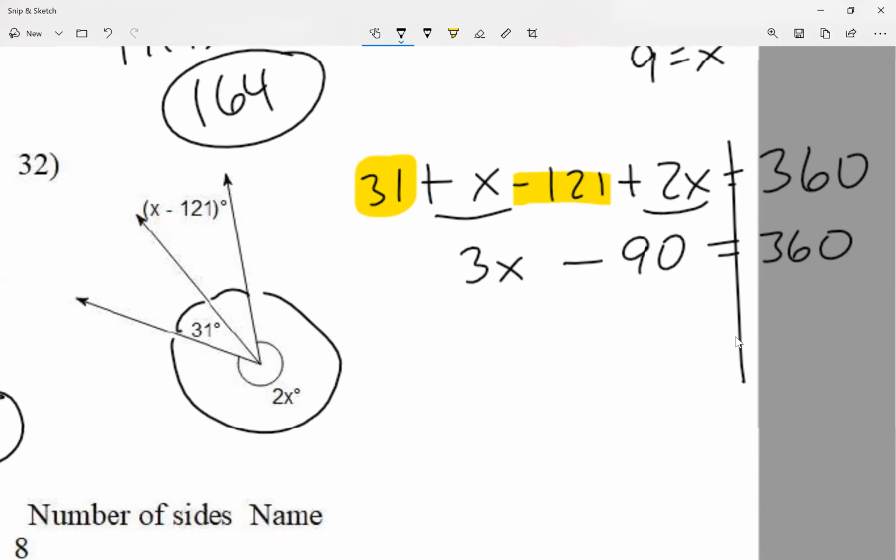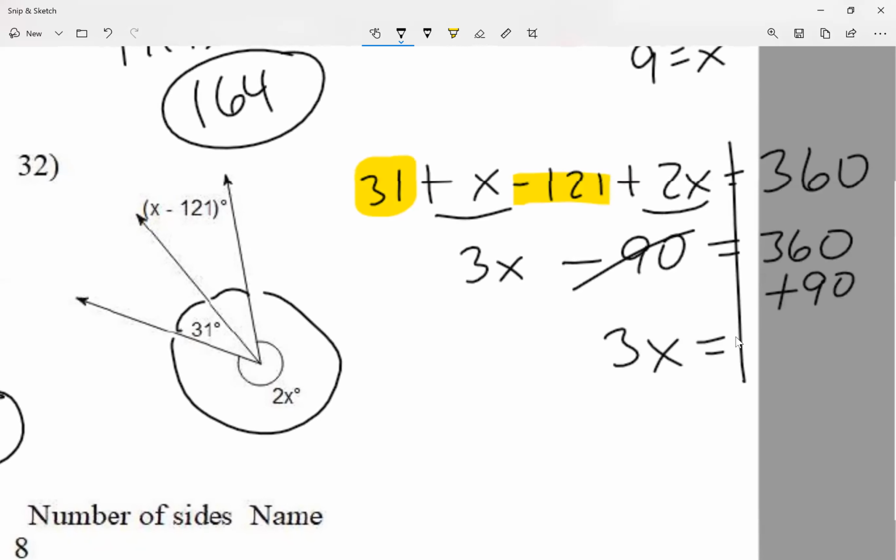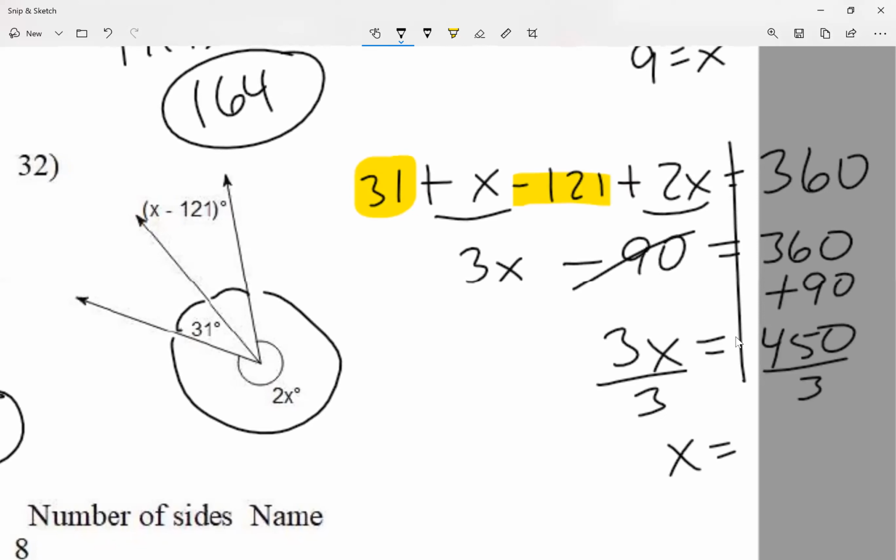To have the 3x by itself, the minus 90, let me move it to the other side as a plus 90. So I have that 3x is equal to 450. Let me divide both sides by 3. x is equal to 150.